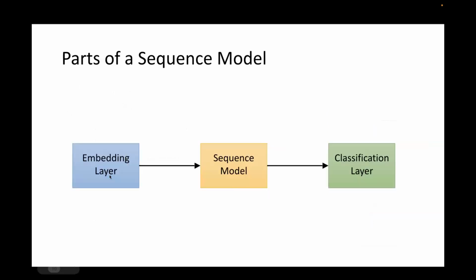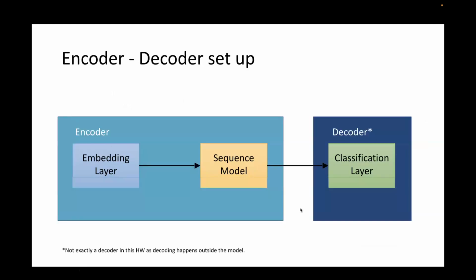Moving forward, this is basically the structure of the entire sequence model, which you will be building here. You will have an embedding layer, a sequence model, and finally a classification layer. We are looking at this embedding layer and the sequence model as the encoder and the classification layer as the decoder part.